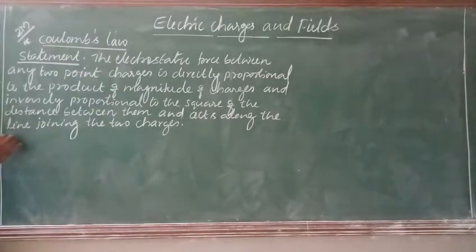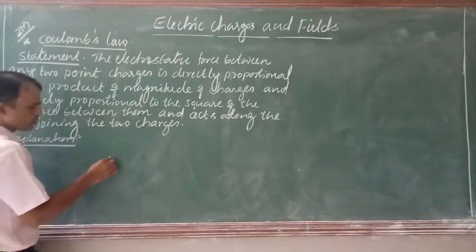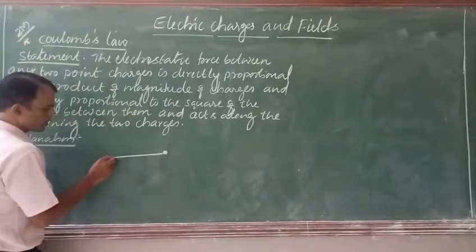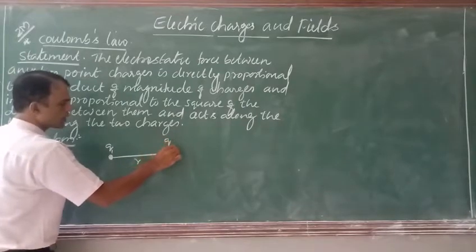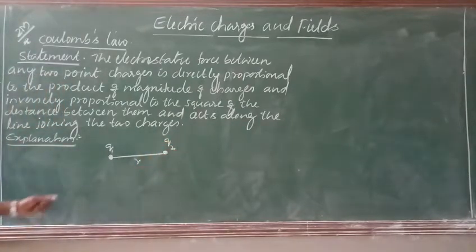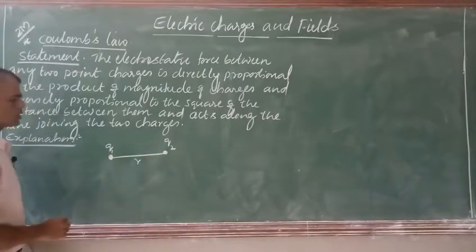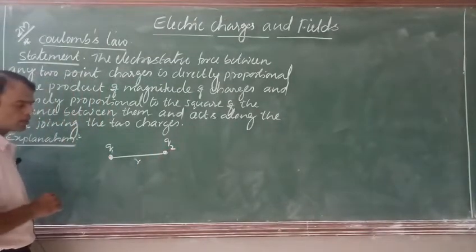So let us go for the explanation. In the examination, if they ask to state and explain Coulomb's law, we should write this simple explanation. Consider two point charges, say Q1 and Q2, separated by a distance r in free space or in vacuum.